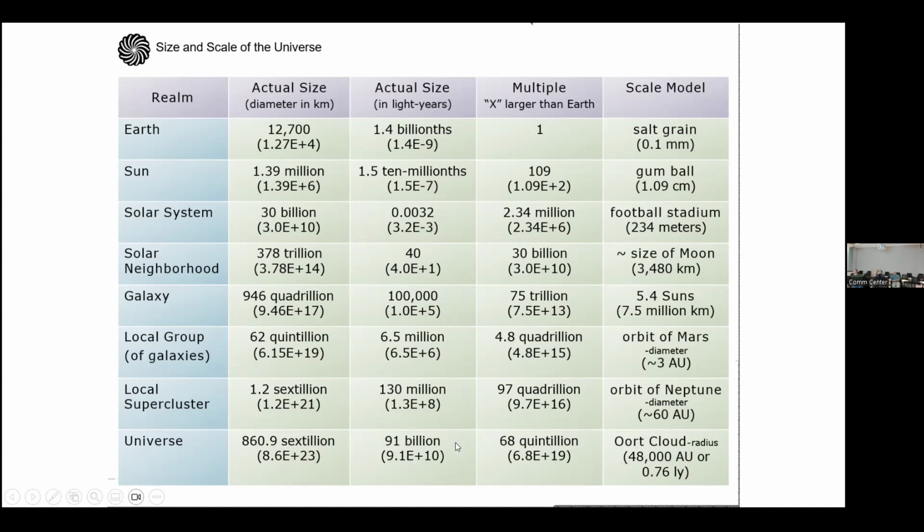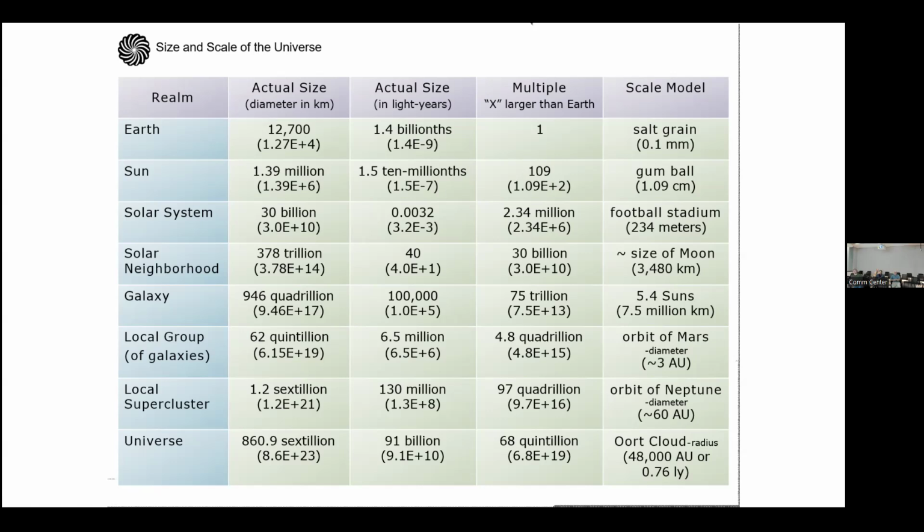We're used to thinking of the light that we see as the universe being just under 14 billion light years old. But because of expansion, the universe is actually 91 billion light years in diameter, because there's parts we can't see.